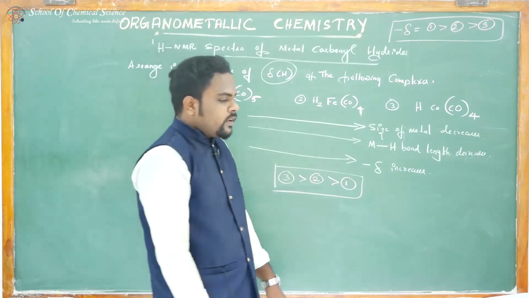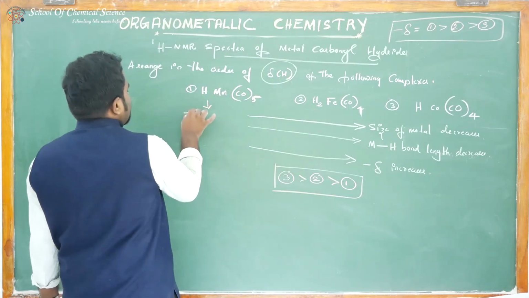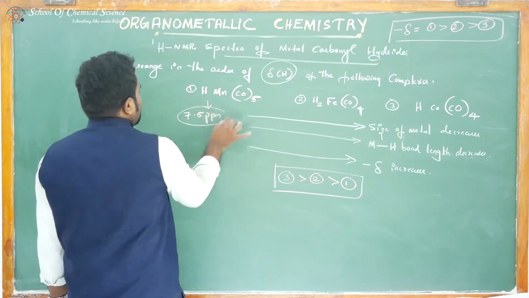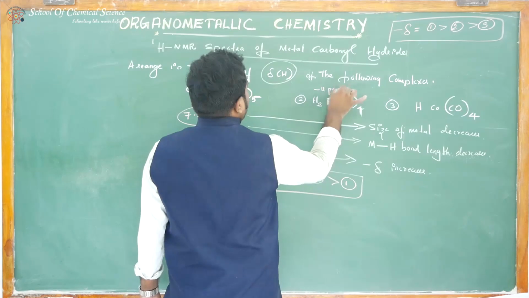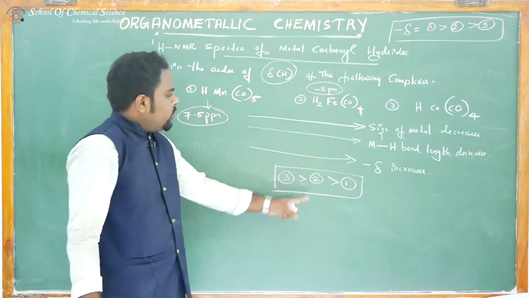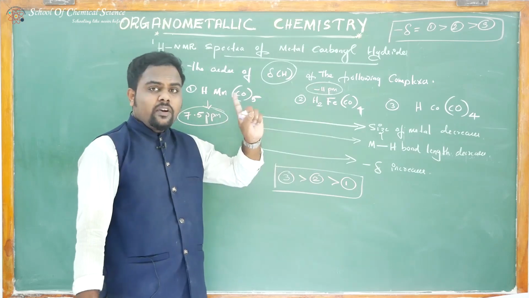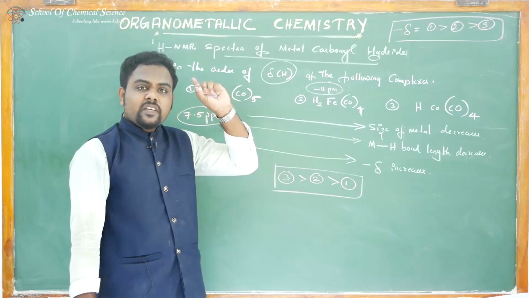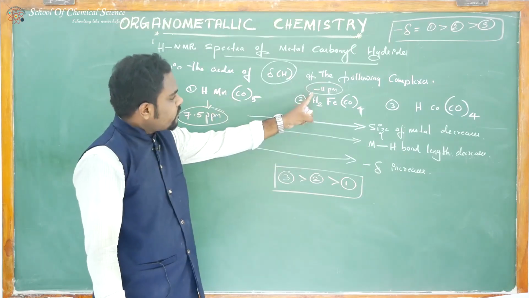Suppose, for example, its value is exact value minus 7.5 ppm, and for this one minus 11 ppm. Let's have a comparison. 2 is greater than 1. The significance of negative is only that it is shielded. Is there any other mathematical meaning?